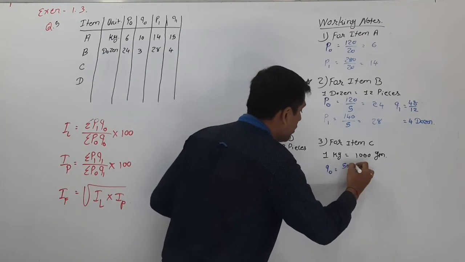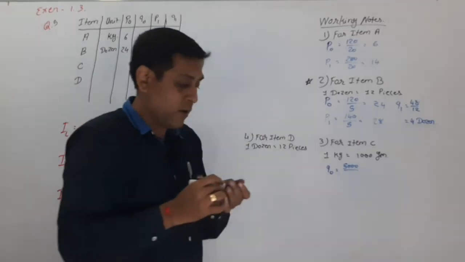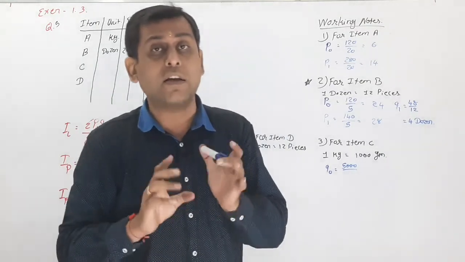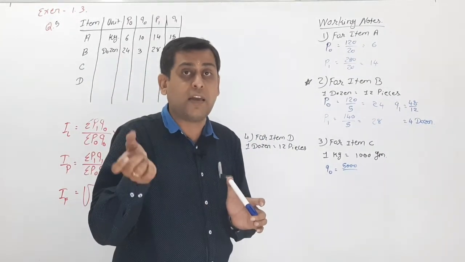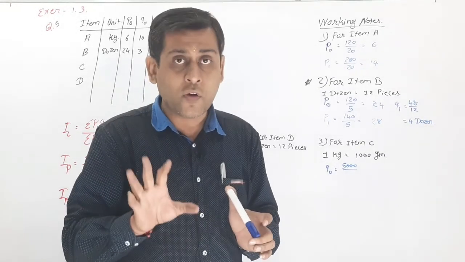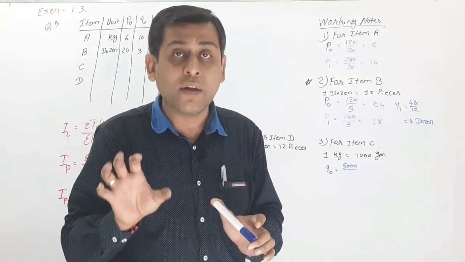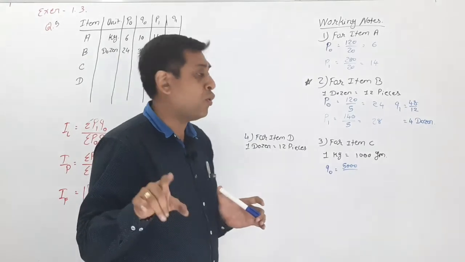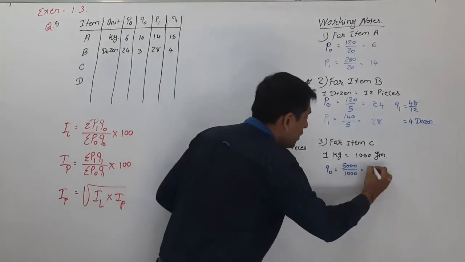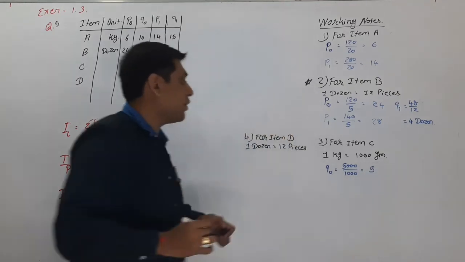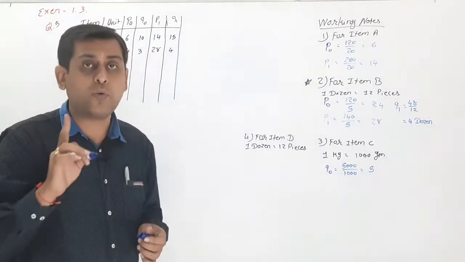See, I told you in my last sum that whenever kg, gram, quintal all are given, we have to convert the highest amount into the lowest amount. 5000 is the highest amount, that is 5000 gram. So we have to divide by 1000 and we are converting 5000 gram into 5 kg.